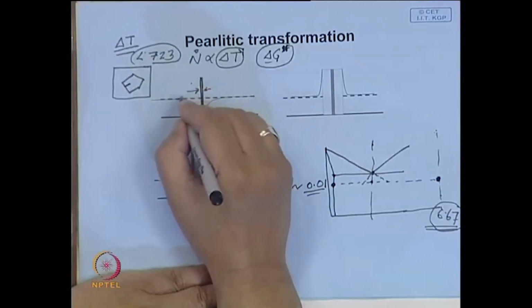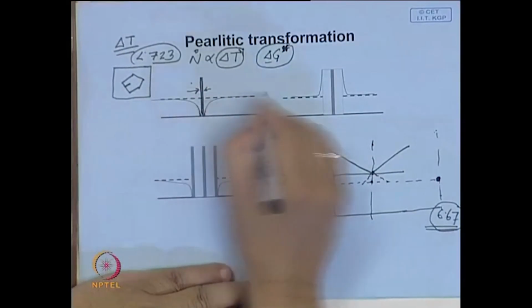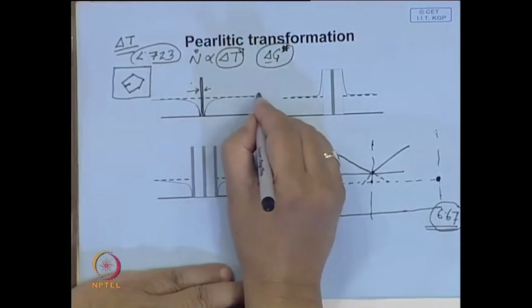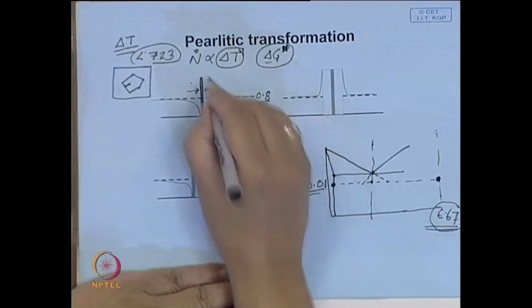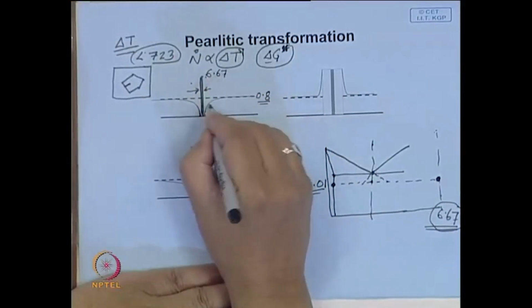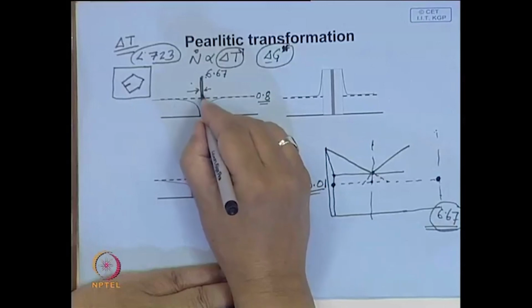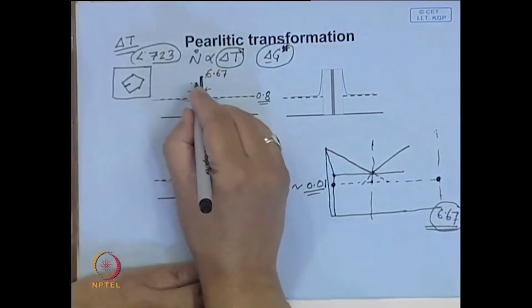So, in the neighboring region, the carbon drops down drastically. Let us say this carbon content is the average carbon content of the steel, 0.8% carbon, and here the carbon content goes up to 6.67. So, this is a platelet of cementite that has nucleated.